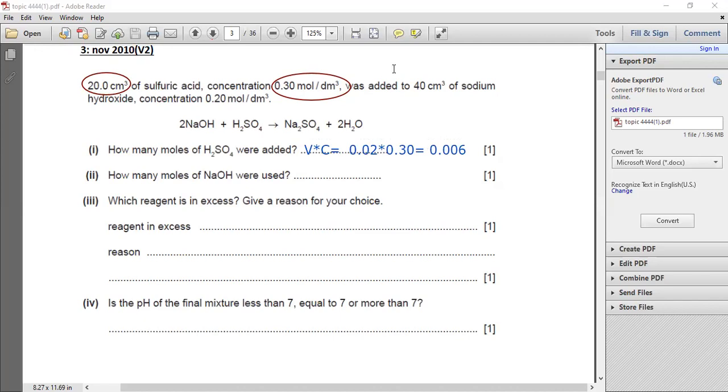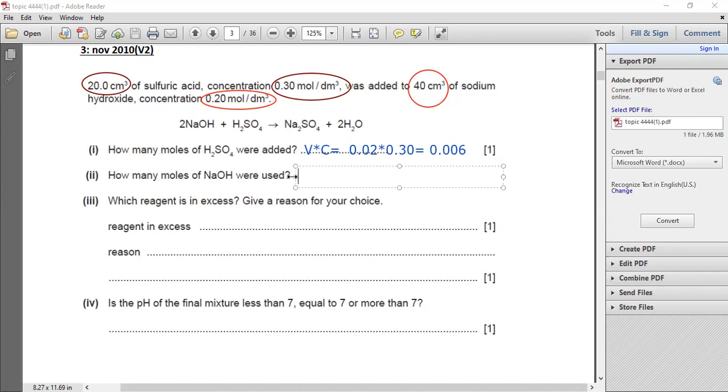Now about sodium hydroxide. Check in the question: do you have any information about sodium hydroxide? Yes, we have the volume and the concentration. This is the volume of sodium hydroxide. But will you use the same volume, 40, or what do you have to do? We divide it by 1000.